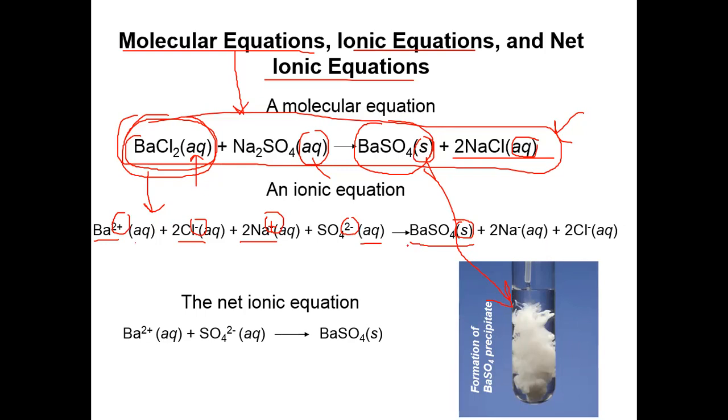So you cannot break it down into ions. And for sodium chloride, again, it should be plus over here. This is a mistake. So sodium plus and chloride minus. That's the ionic equation.